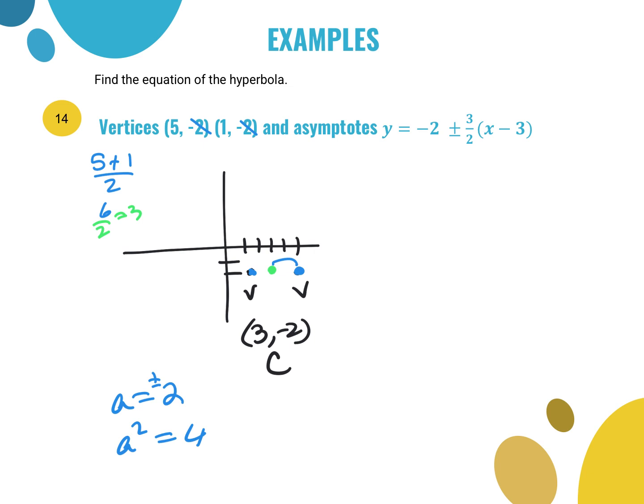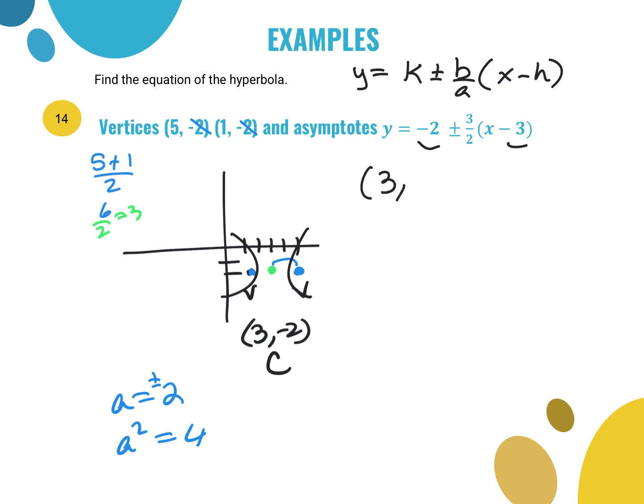And now in this equation, whenever it's transversing the x-axis, remember for your asymptote, this is B over A. So this was actually y equals K plus or minus B over A, x minus H. So again, you could have pulled your center out of this as well. So your center point is 3, -2.